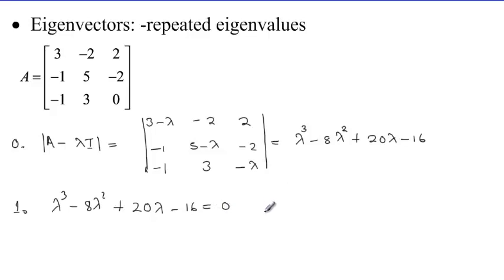Like I said, I'm not going to solve this, but we have already gone through the calculations. For now, just to save time, I'm going to tell you that the eigenvalues you must expect here are 4 and 2, and the 2 happens to be repeated, otherwise twice.